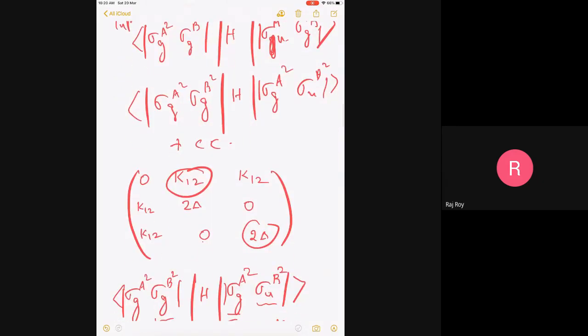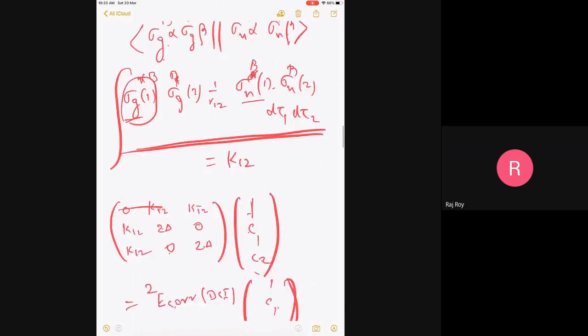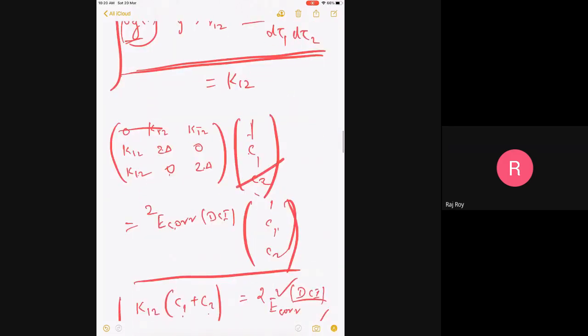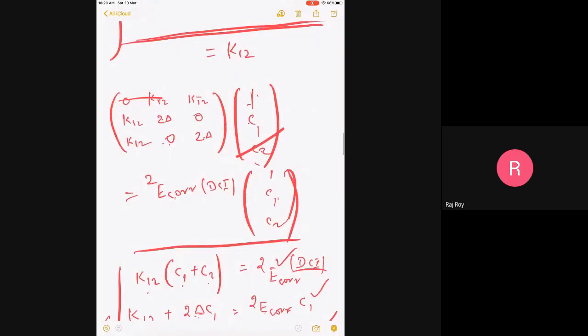So with that, we actually set up the matrix elements, and you can see that when I know these are K12, by symmetry, this will also be K12, and here 2 delta, which is the diagonal term, right? So then we solve this CI equation. So this will be this matrix element times the coefficient, E correlation times the coefficient.